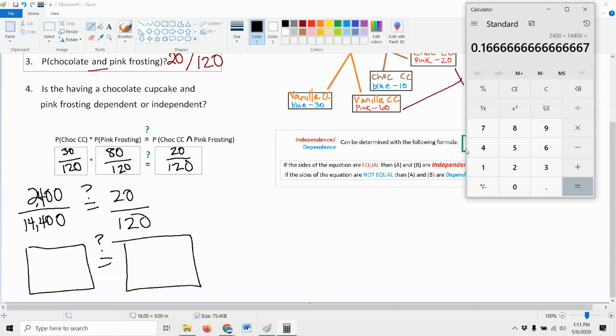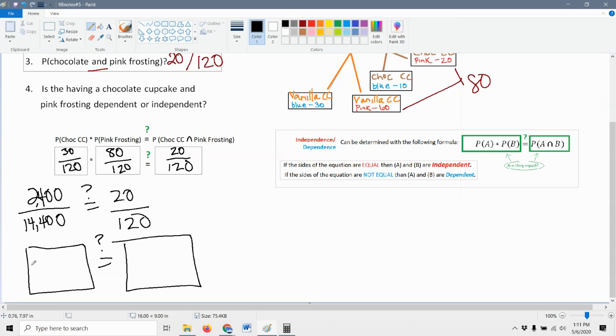Now, we get a big decimal here. And remember, we're rounding to 2 places past the decimal. So we have to look at the third digit. If it's 5 or above, we're going to bump this second digit up 1. If it's 4 or below, we're going to leave it alone. So since this is 6, this is going to become 0.17.